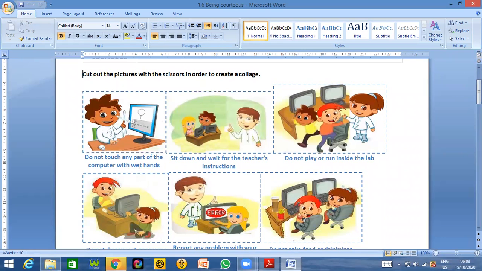When you go to the computer lab, sit down and wait for the teacher's instructions. You should sit properly where the teacher asks you to sit.